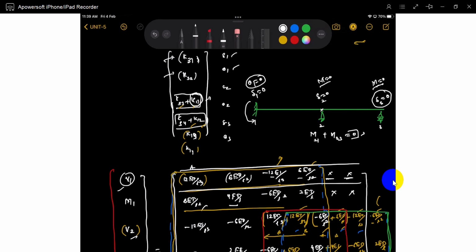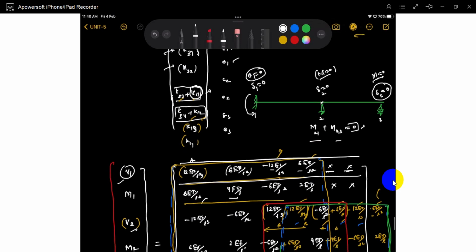This is the equilibrium equation. The moment is 0 in general, because at that location we release the rotation, that means there is no moment. But you have M21 and M23, and both are opposite to each other.